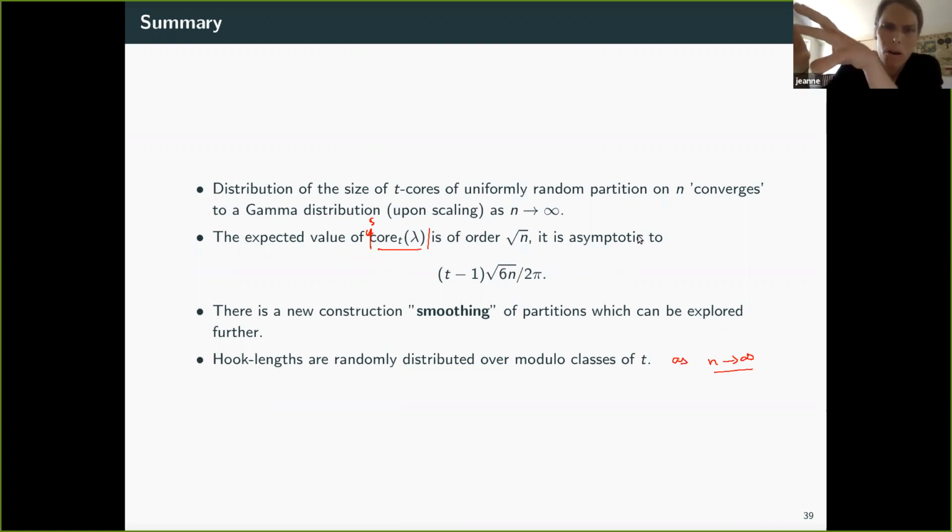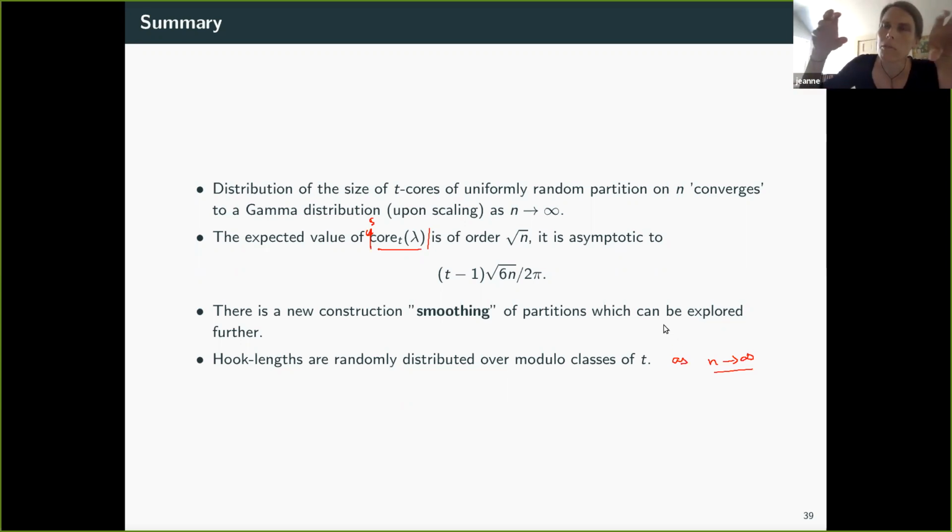So this core construction, if you apply the t-core operation to partitions of size n, you're getting partitions of various sizes. They're not all concentrated in one level. So can you use your asymptotic formula, your gamma distribution, to say something about the number of t-cores in a given level?